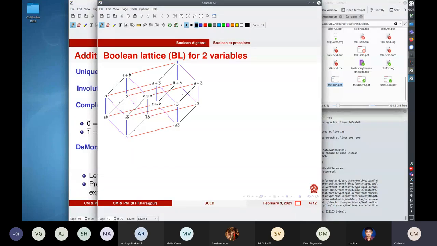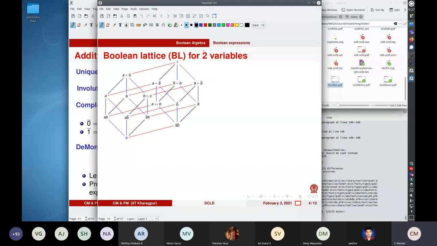All right. So what you can see is that if you have two properties, you have 2 to the power 2 atoms, and the total number of elements in this lattice is again 2 to the power of that. So it is 2 to the power 2 to the power 2. That is as many nodes or elements as you have in this Boolean lattice.